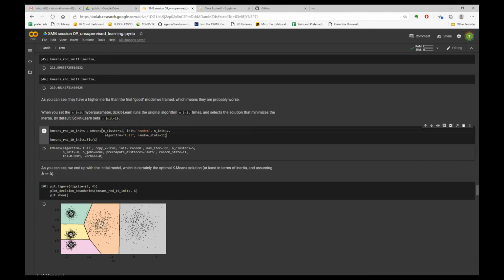Actually, let's make it 5. And keep the same random state. And it still looks pretty much the same. Maybe this is moving a little bit. I can't quite tell.